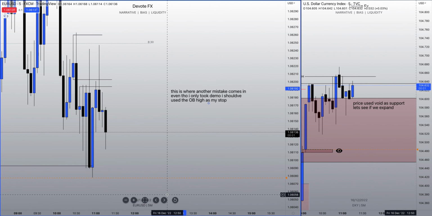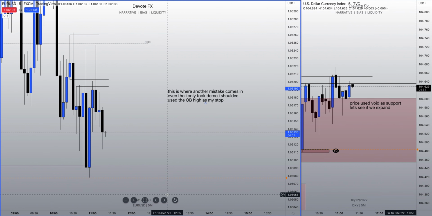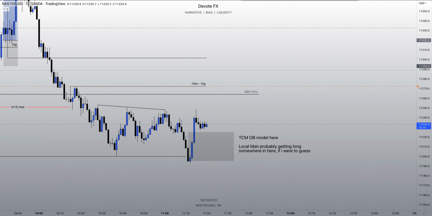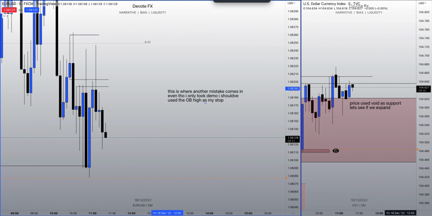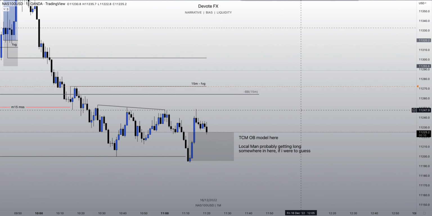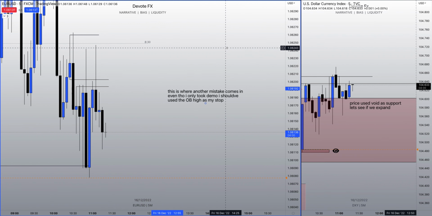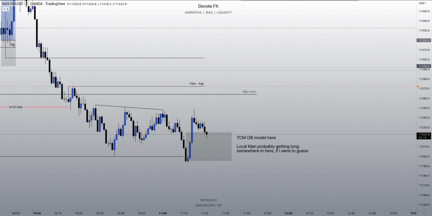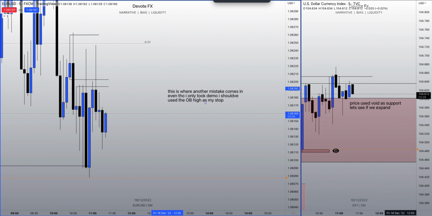Going back to EU, starting to get some expansion. Candle bodies still getting closures outside of the void. Dollar using that daily opening gap as support nicely.